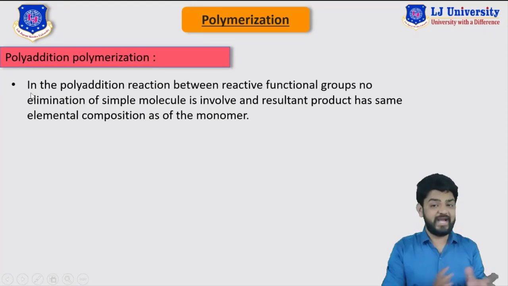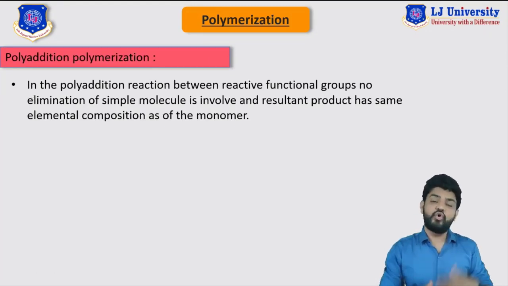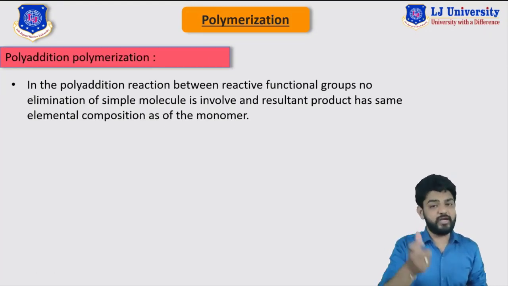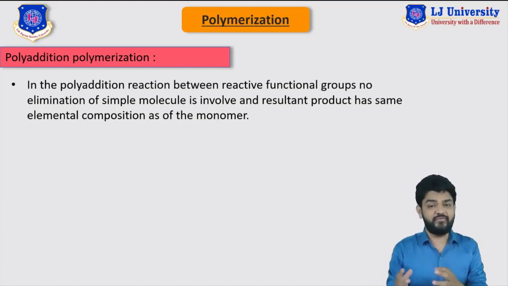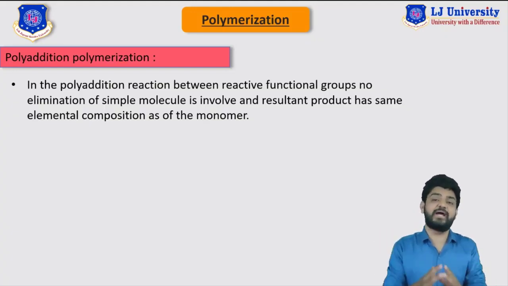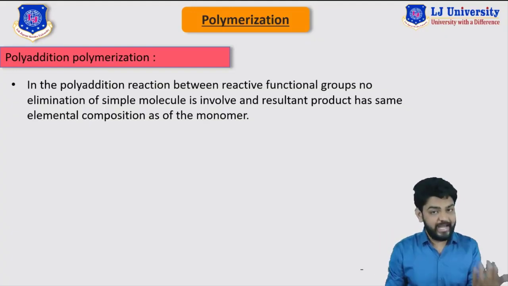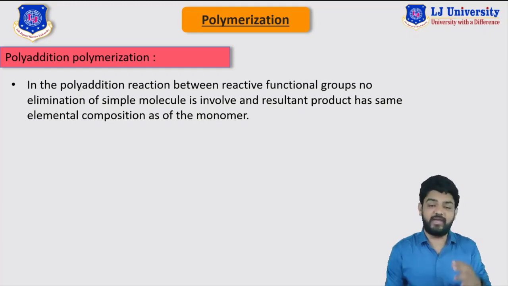In this polyaddition polymerization reaction, no elimination of a small molecule takes place when these two functional groups are merged together, or you can say migrate together, right? So the ultimate polymer will have a similar kind of structure to that of the monomer, because there is no elimination of a small molecule that we have seen in the polycondensation process, right?